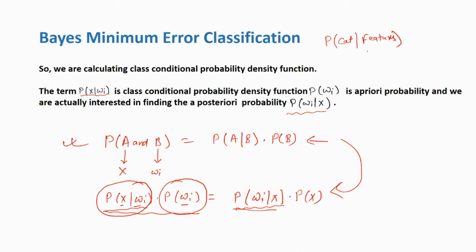What is omega i? Any class, say cat, dog, horse, anything. What is x here? x is nothing but your feature vector. So what is the probability of omega i given x? That's what we are actually interested in.